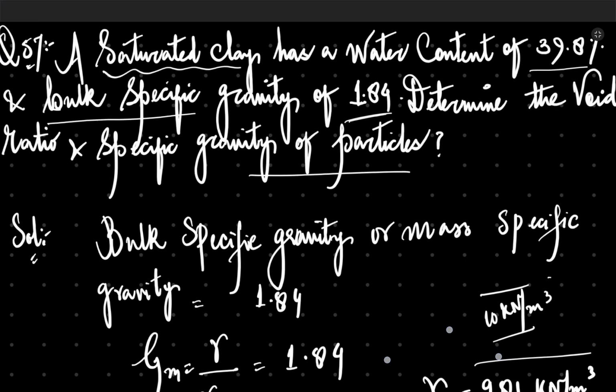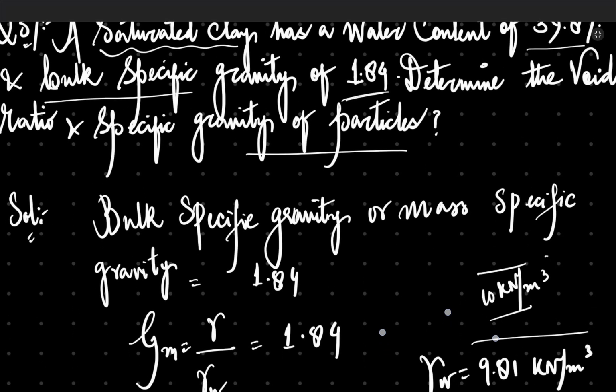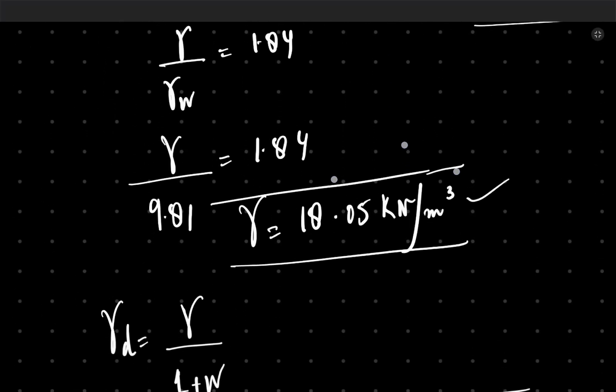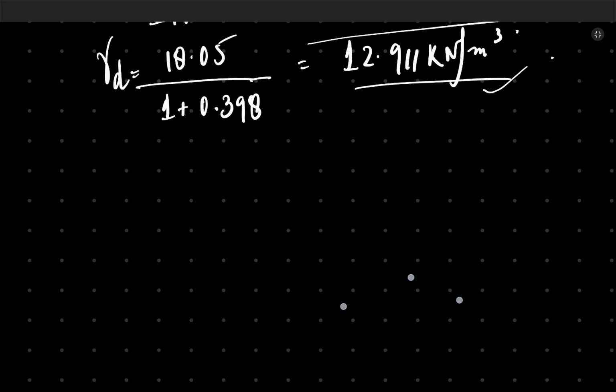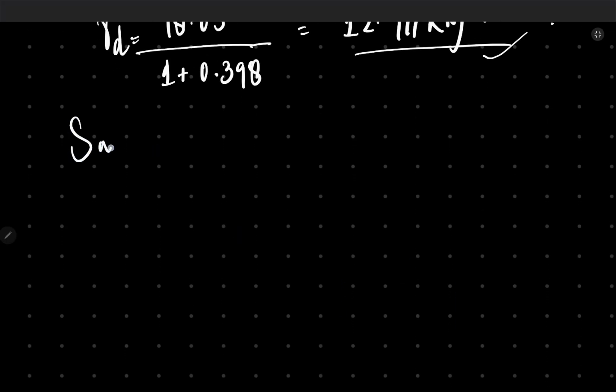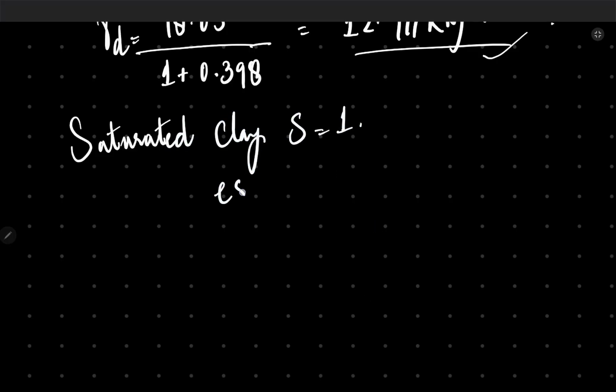But we have to determine the void ratio and the specific gravity of particles, right? See how we'll be doing this. This is saturated clay, so S is 1. eS is equal to wG, so e is equal to wG.